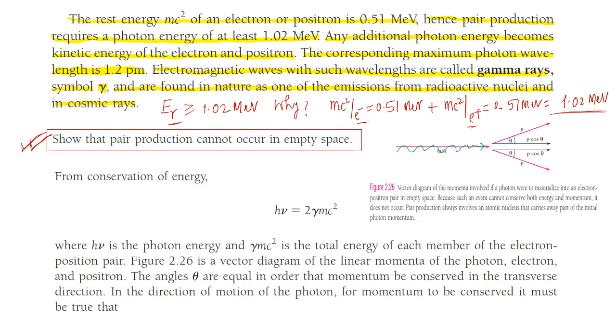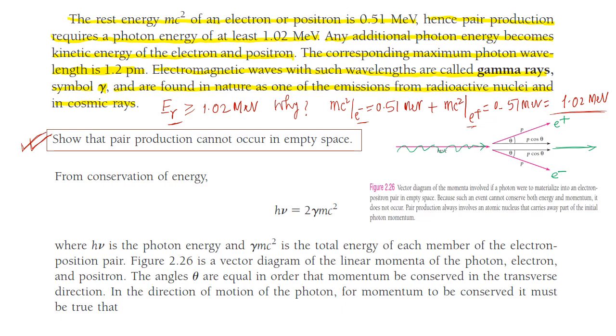The photon is coming in this direction, and the electron and the positron go off in these directions. Let's say this is the electron direction, and this is the positron direction.